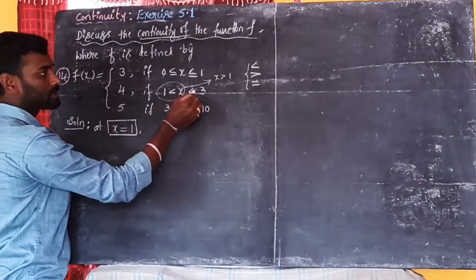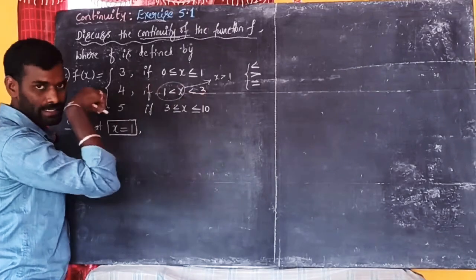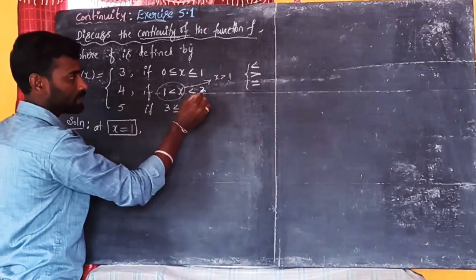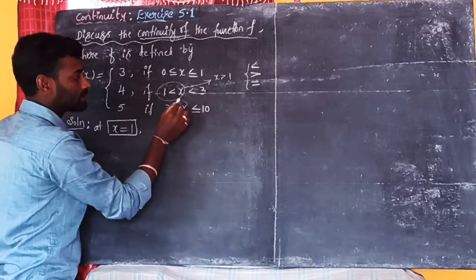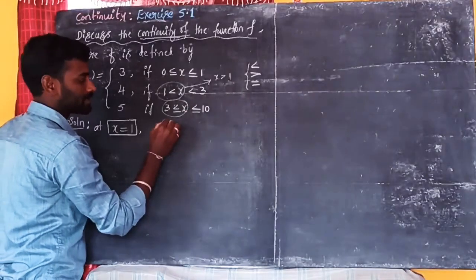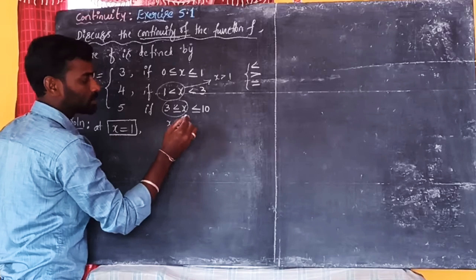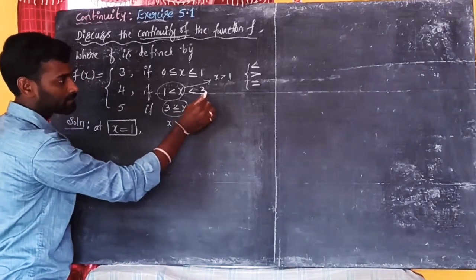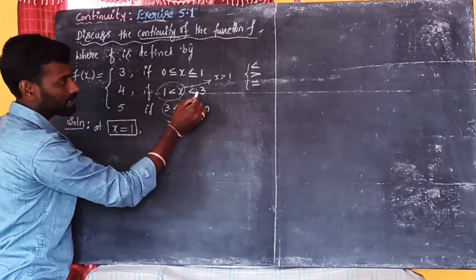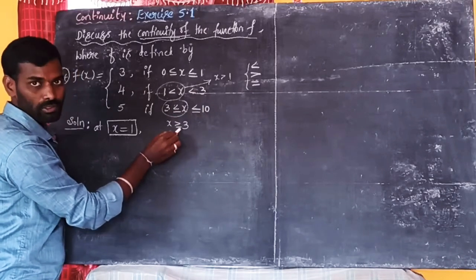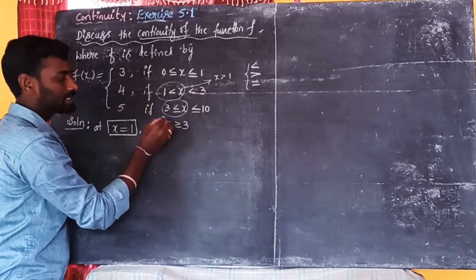Next, here observe, next come to this point 3. Here less than is there. Here 3 is less than or equal to x means here x is greater than or equal to 3 now. Here for this point 3, less than is there, greater than is there, equal to is there. So we will consider this point also.